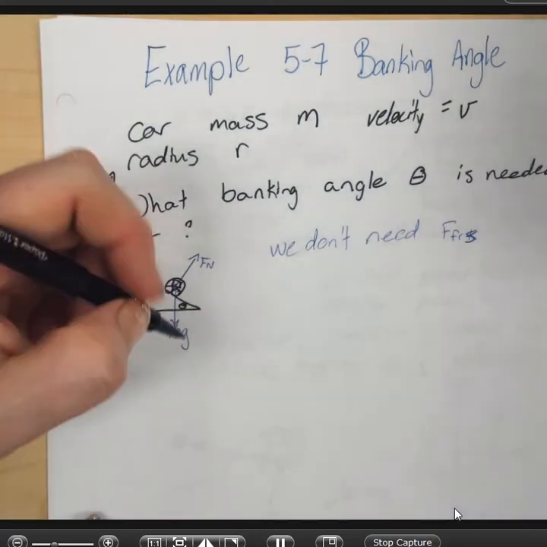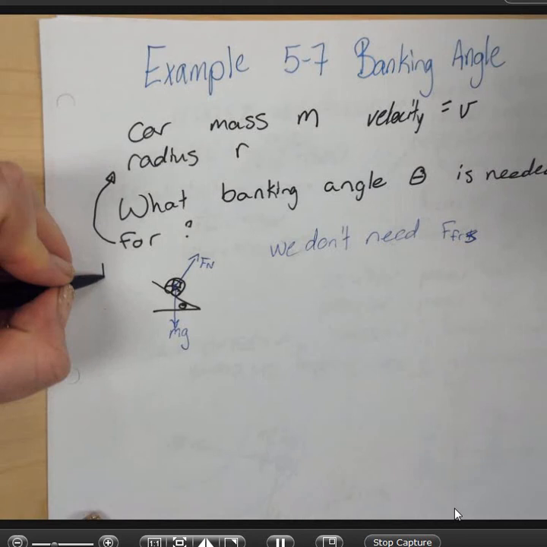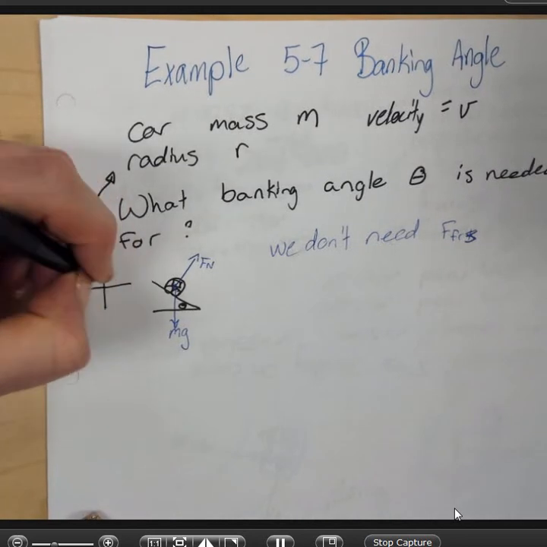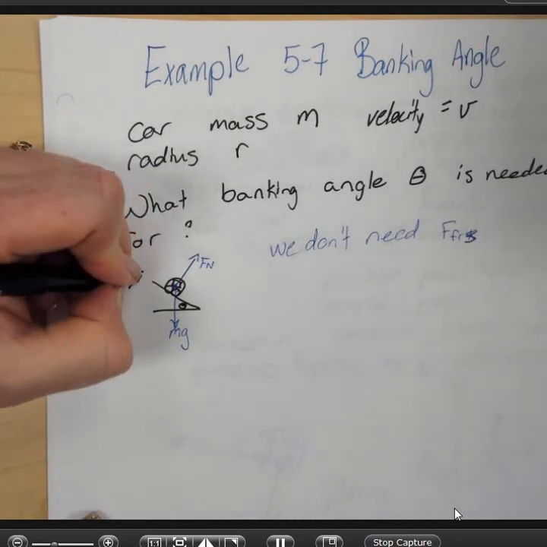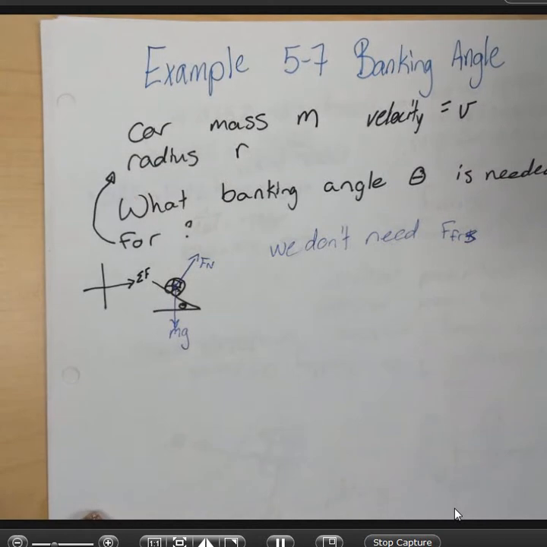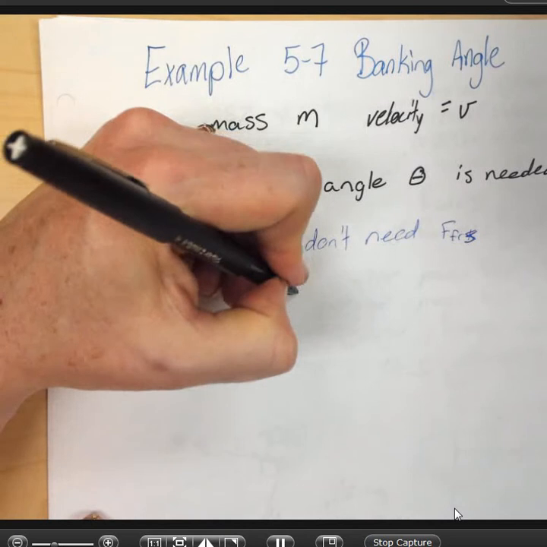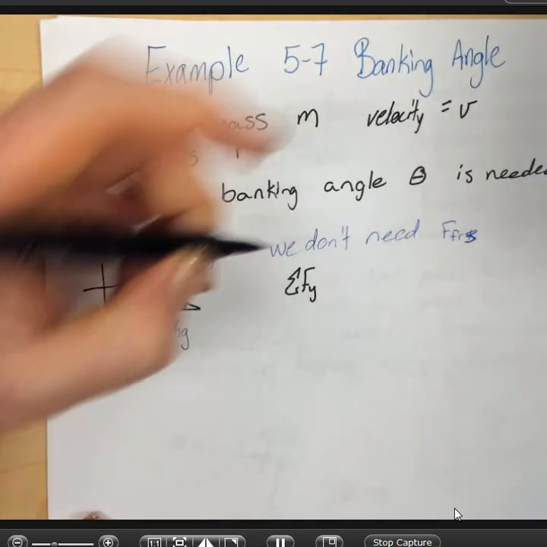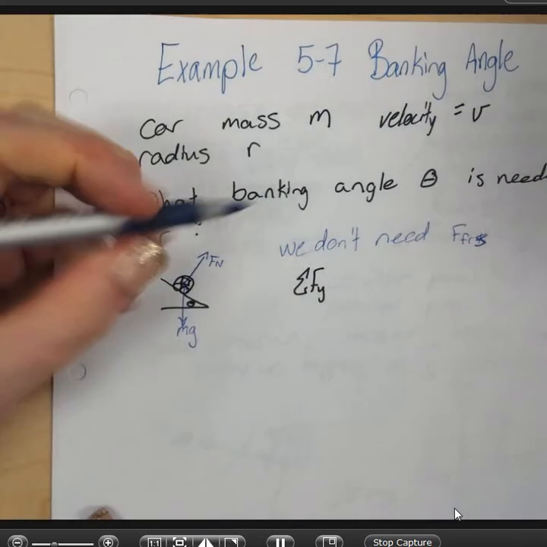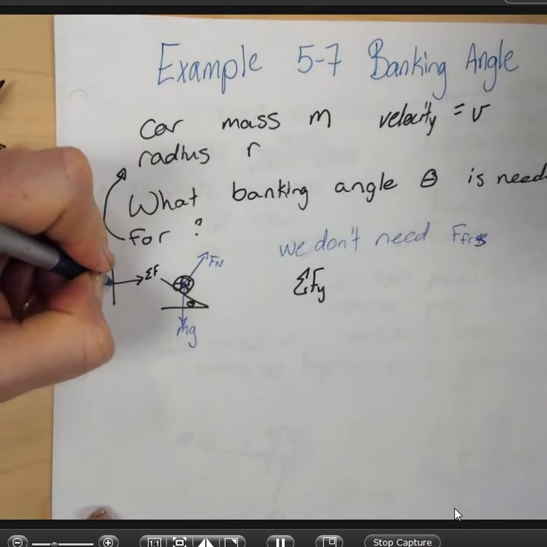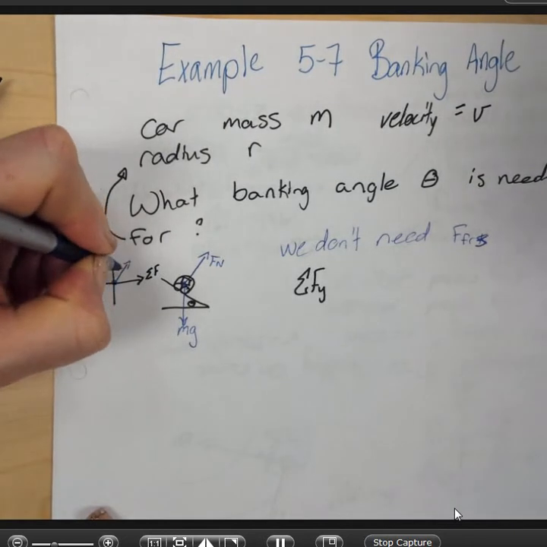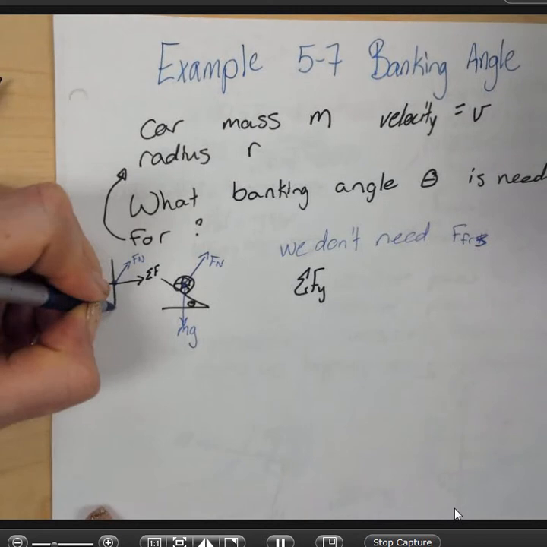So we set an axis system, where one of the axis directions points in the direction of our net force, which we want to be a centripetal force. So in the y direction, here's our normal force. There's our mg.